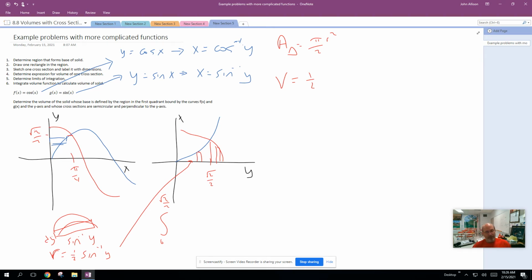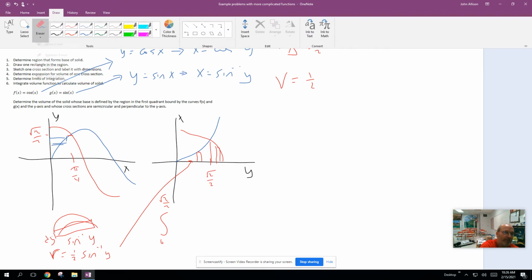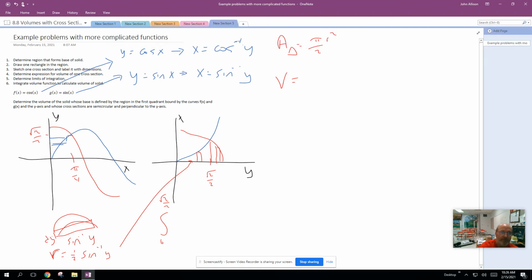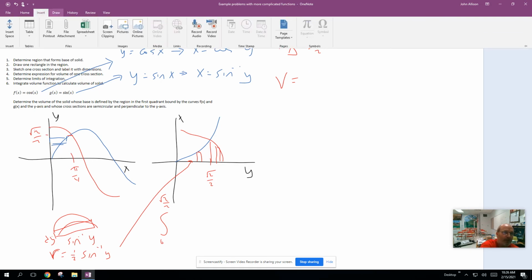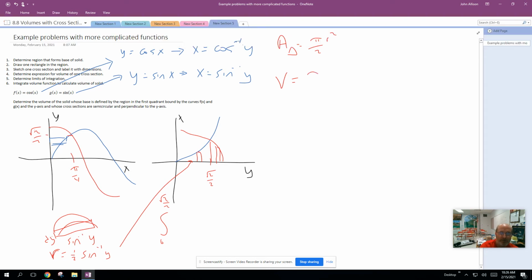So this is going to be the volume of one of these. It is going to be the area times dy. So the area is going to be pi over 2 now times the radius squared, and this is the radius.